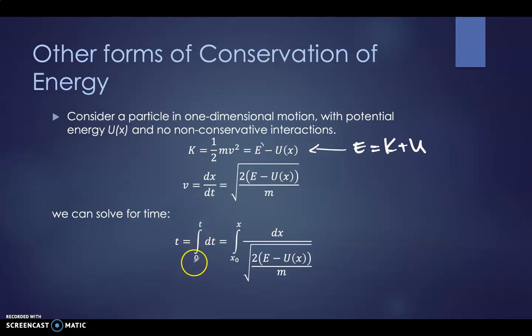The integral from 0 to t of dt, or the integral from x naught to x of dx over the square root of 2(E minus U) over m. Okay. So we'll be using this in order to either find the time or position of something, okay?